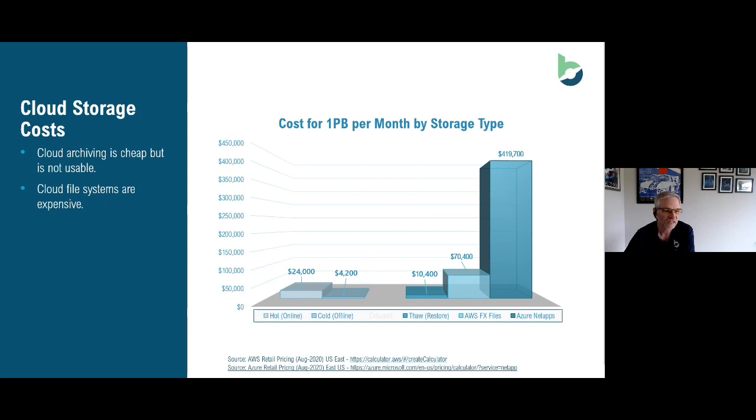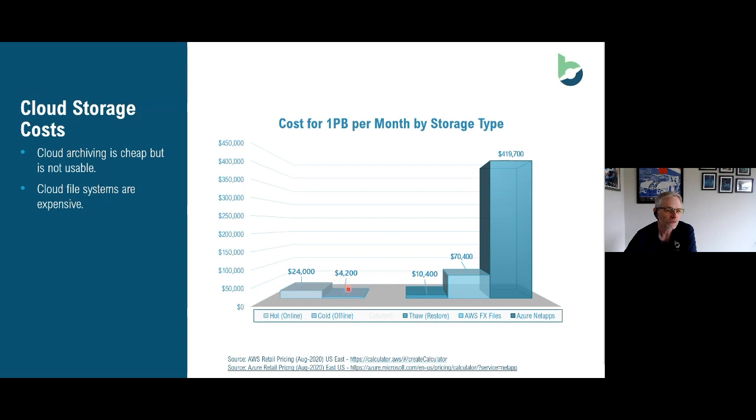Let's start looking at cloud storage costs. To store a petabyte of data in the cloud per month, cloud storage can be quite cost effective if you look at archive. The challenge with archive is it's not usable. You have to restore the data to make it usable. All of this information is available on the Azure calculator as well for you to look at.